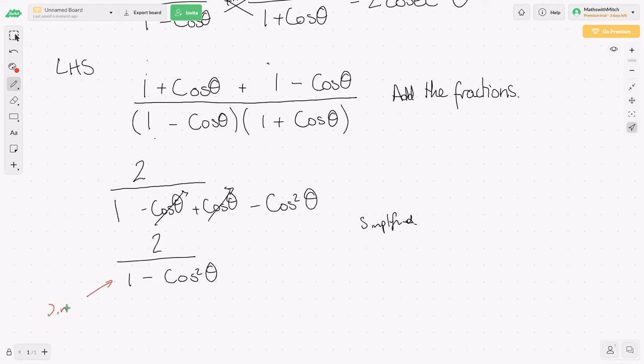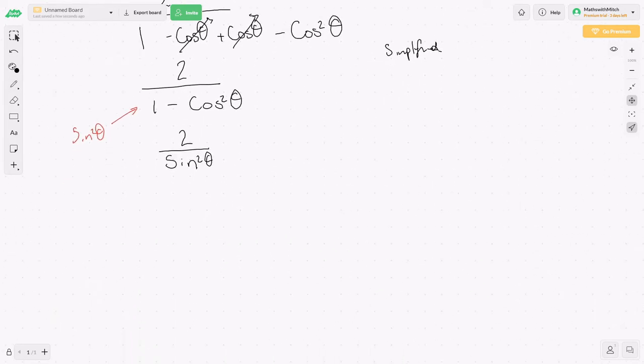So we can put sine squared theta in, and that leaves us with 2 over sine squared theta for the left-hand side. Remembering that what is the reciprocal of sine squared theta? It is cosec. So remember, you can write down what we've done at each step.